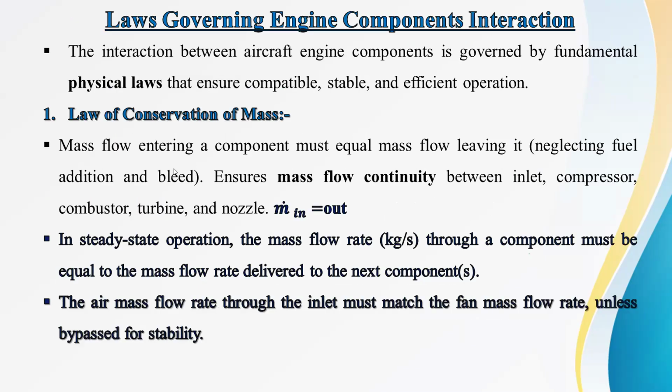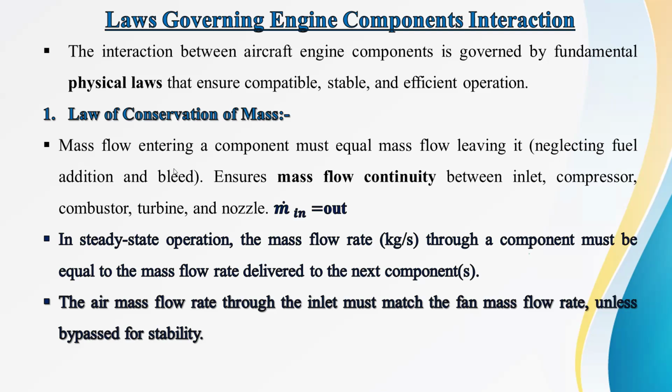What are the laws which govern the engine component interaction? Among the laws, one of the important ones is the law of conservation of mass, that the mass flow into the system should be equal to the mass out of the system, which is known as the continuity equation.